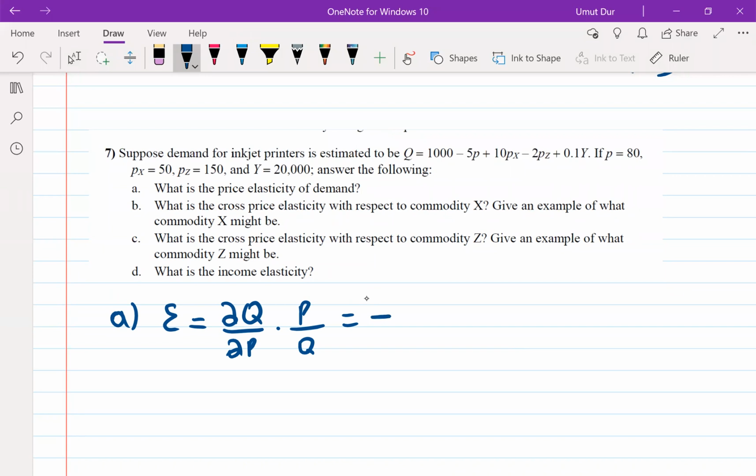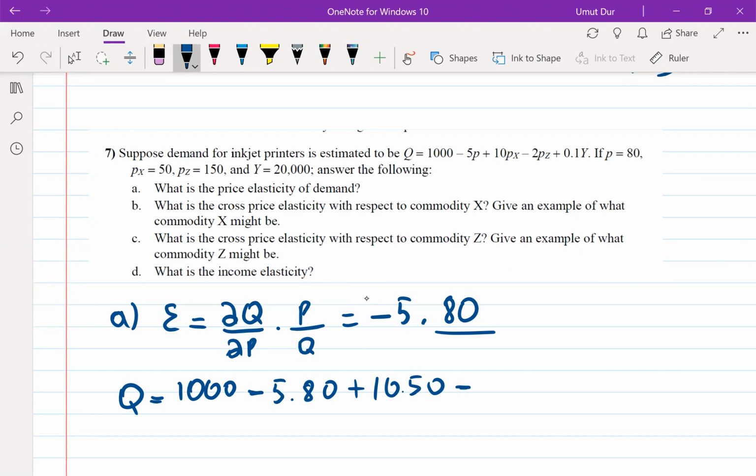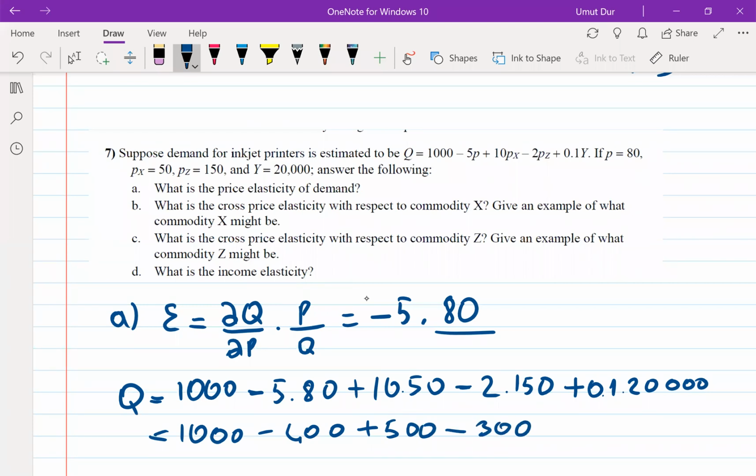It is -5. P is given to us, it is 80. We don't know the exact value of Q, but we can find it by plugging in these values: 1,000 minus 5 times 80 plus 10 times 50 minus 2 times 150 plus 0.1 times 20,000, which is 1,000 minus 400 plus 500 minus 300 plus 2,000.